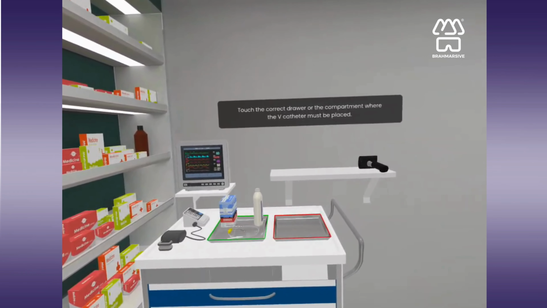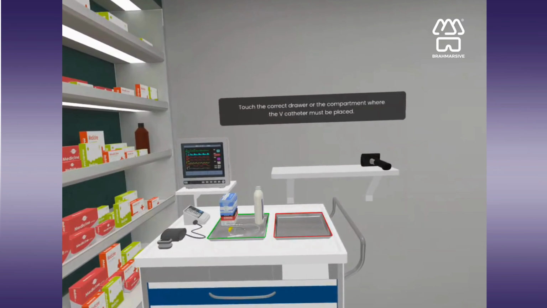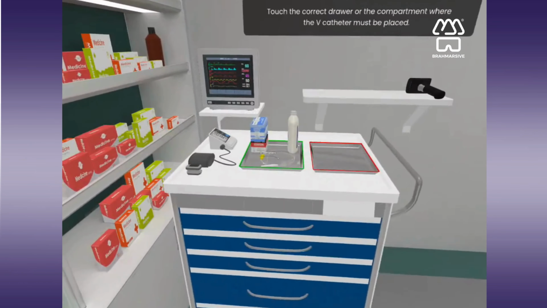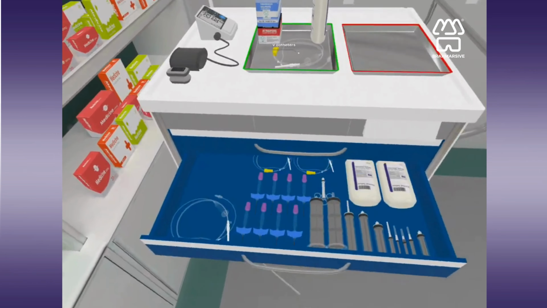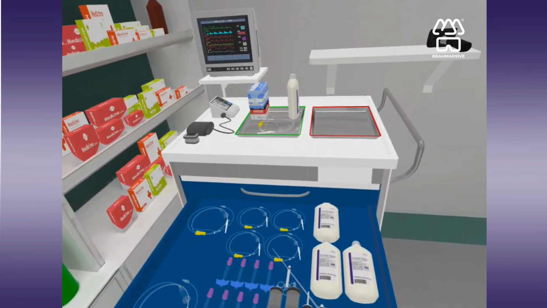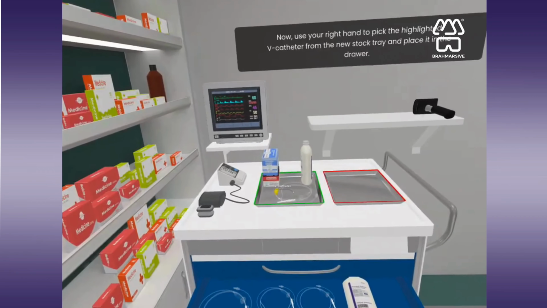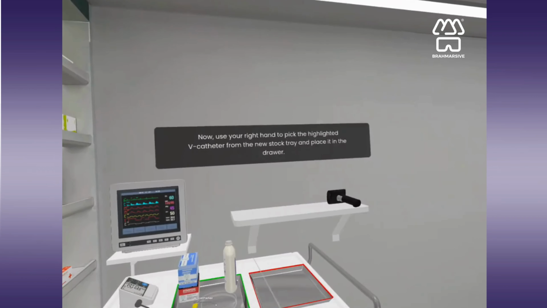Next, touch the correct drawer or the compartment where the V catheter must be placed. Now, use your right hand to pick the highlighted V catheter from the new stock tray and place it in the drawer.